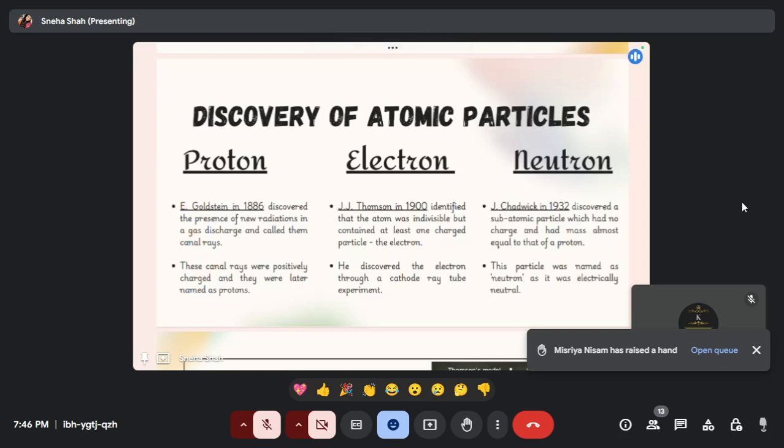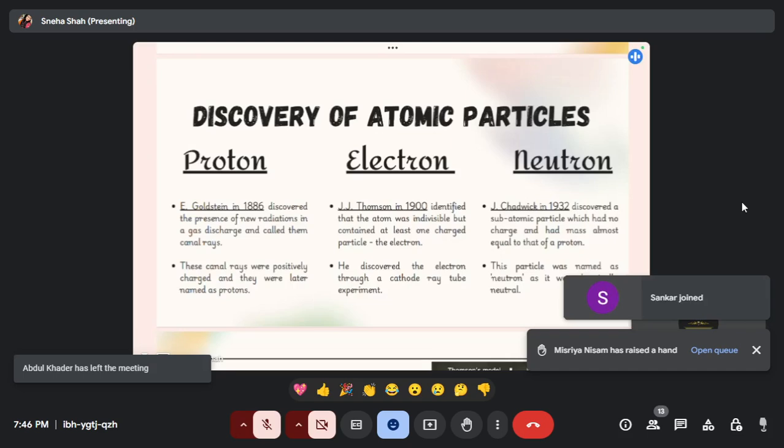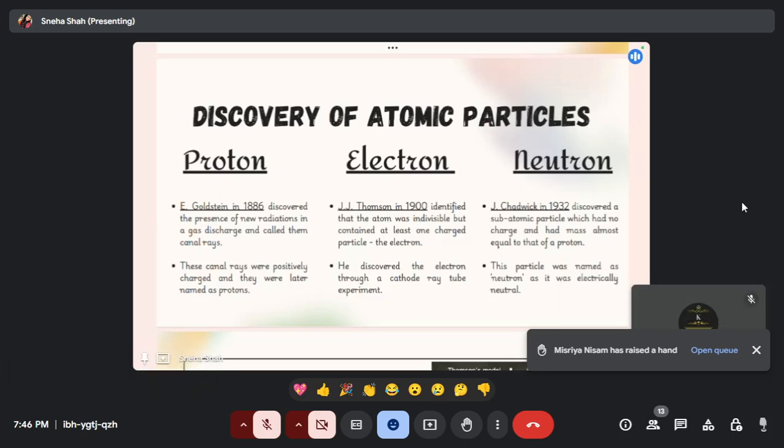So the mass of the atom depends solely on the number of protons and neutrons, and not the electrons. So there was a conclusion that there is a particle which contributes to the mass of the atom, and that particle was neutrally charged. If it had any charge, what would have happened?